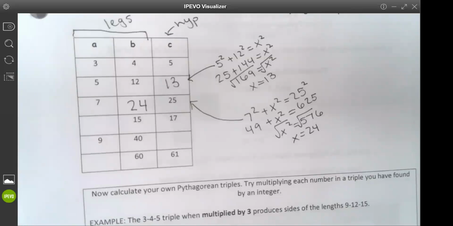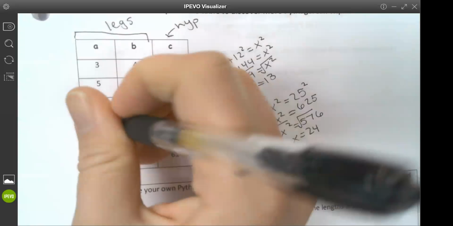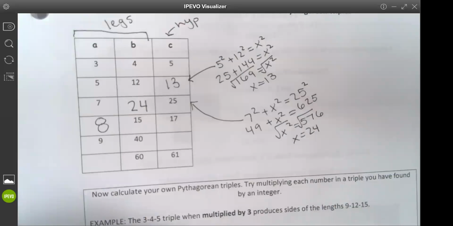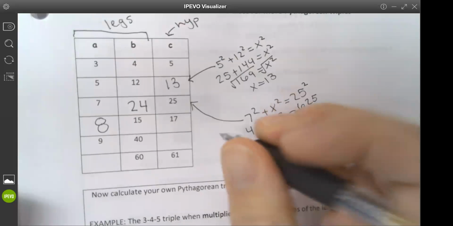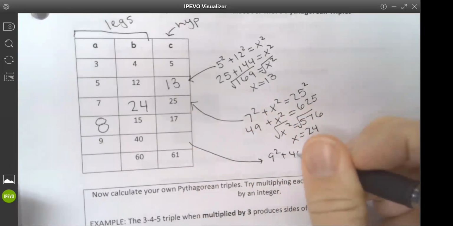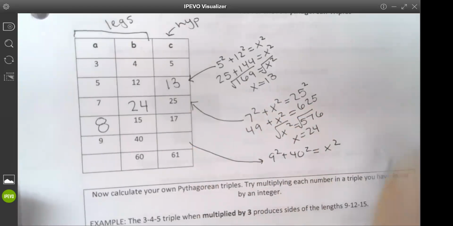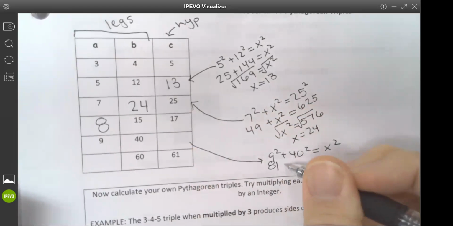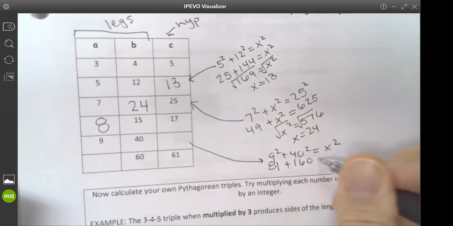15, 17. What do you think? 8, good, yeah. 8, 15, 17. Then I have 9, 40. This one would have given us a large number, so let's maybe look at this one. 9 squared plus 40 squared equals what squared? So 9 squared, 81. 40 squared is going to be 1600.